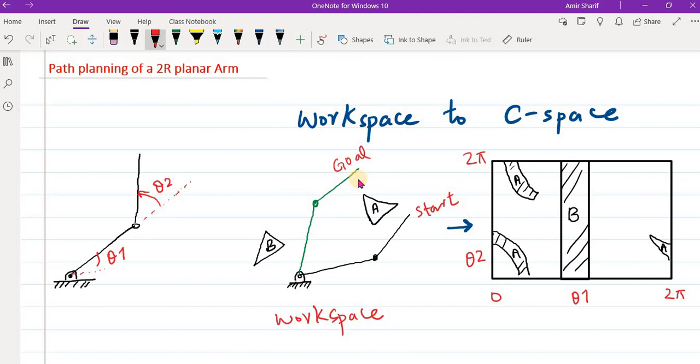If you accurately draw it, it will look something like this.